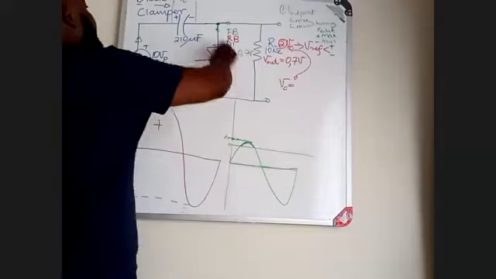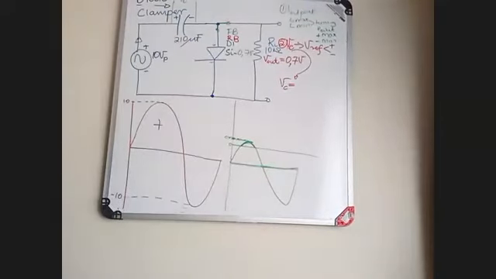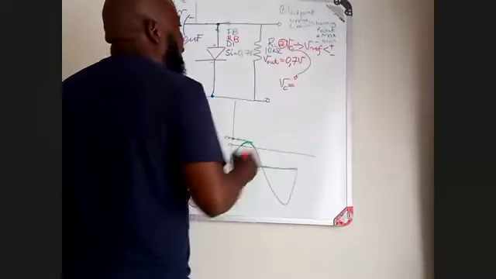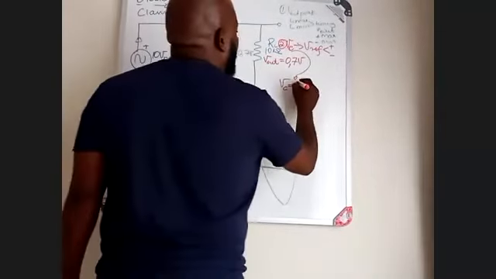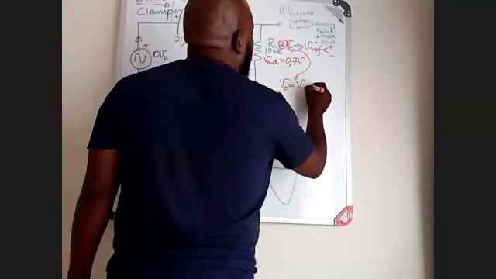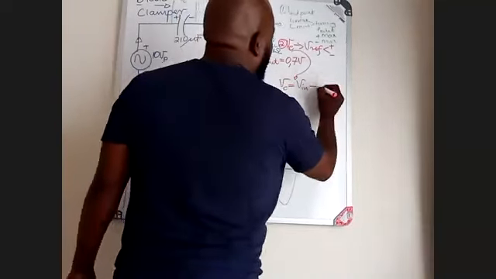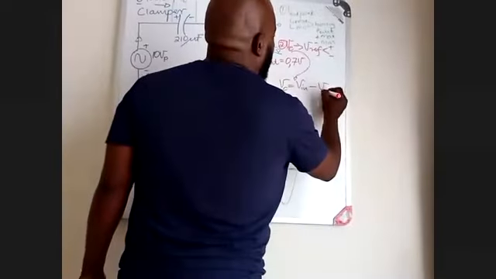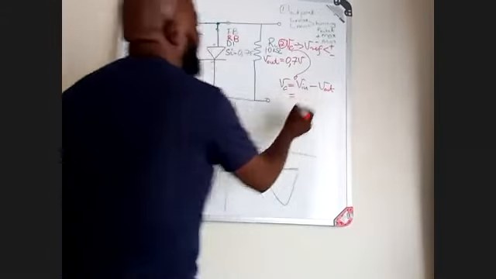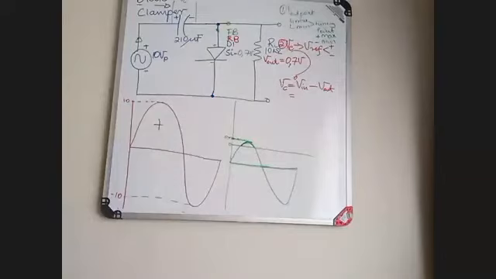Then you will see that your V out is going to be V in minus VC, so VC minus your V out. In this case, what is your V out?